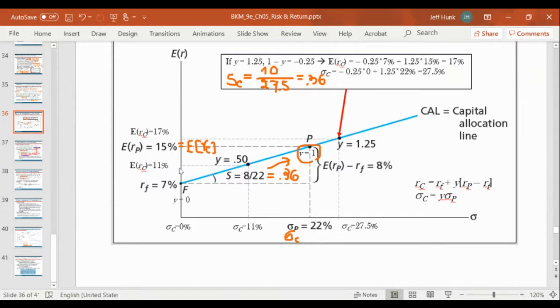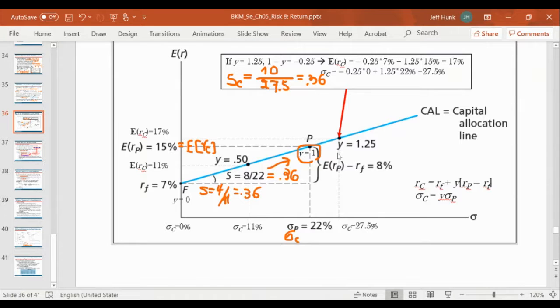The Sharpe ratio when the weight is 50 will be 4 over 11, which will still give you 0.36.